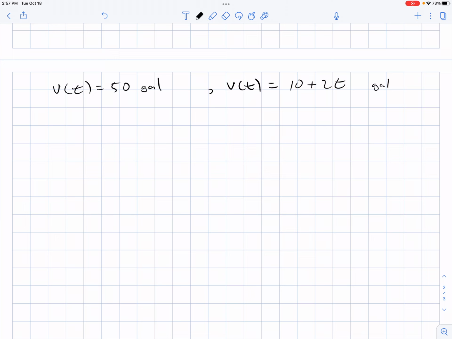And I'm going to solve that when it's equal to 50, because that's the moment of overflow. So solving that, when you subtract 10 from both sides, we get 2t equals 40, divide both sides by 2, and t equals 20. So 20 minutes is when overflow happens.